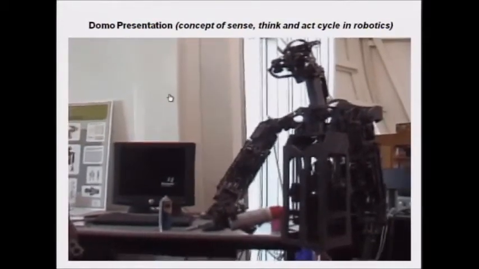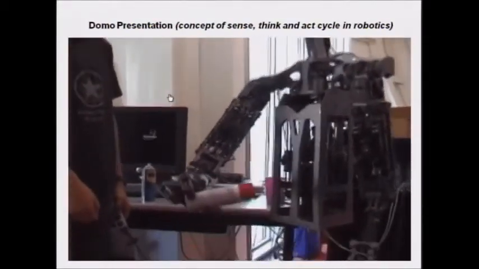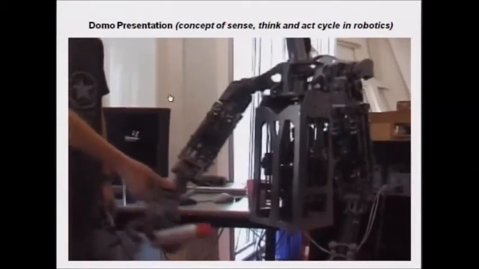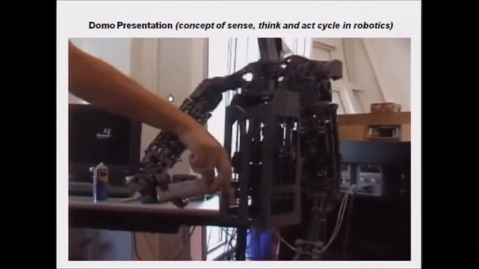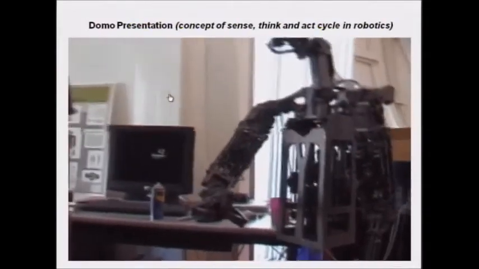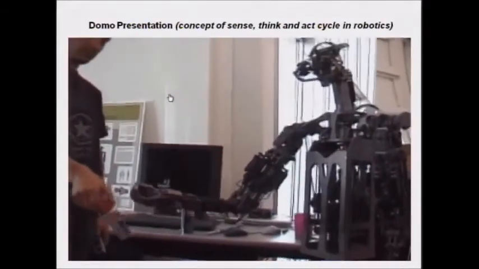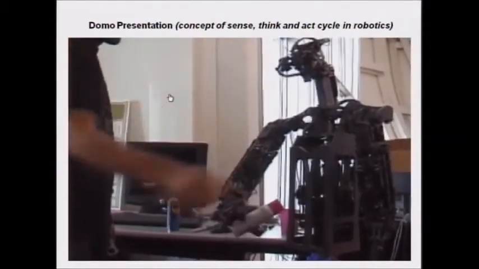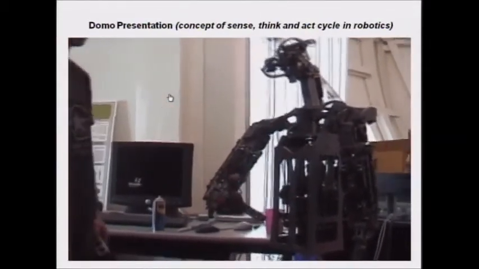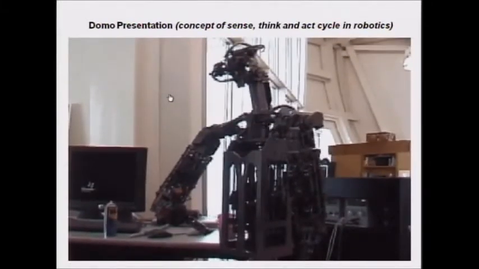It can hold the can, move the can, and all those kinds of things. When you deal with a robot that requires certain intelligence, there are 3 things you have to pay attention to: sense, think, and act. The sense, think, and act cycle is very, very important. And amongst those, sensing is known to be the most challenging task in robotics.